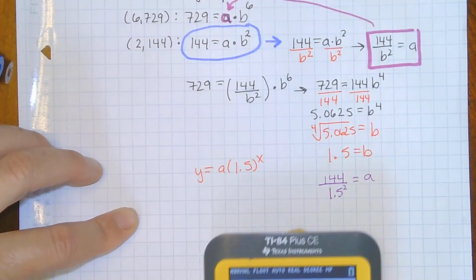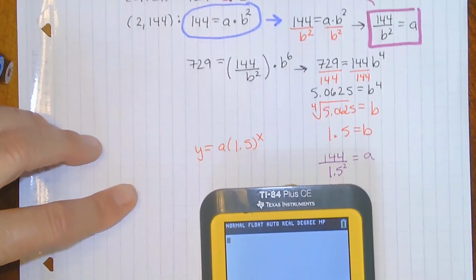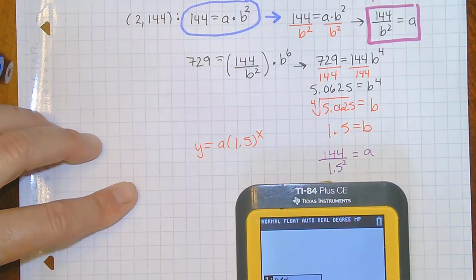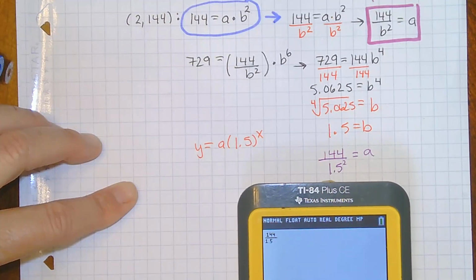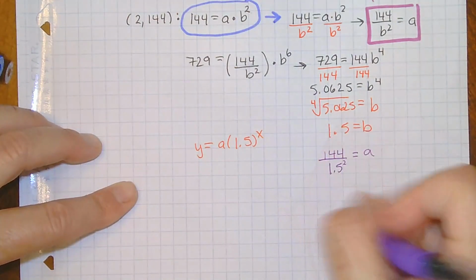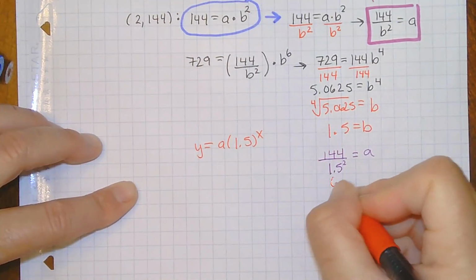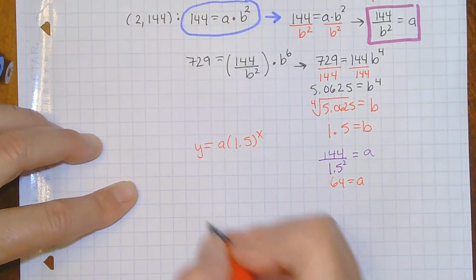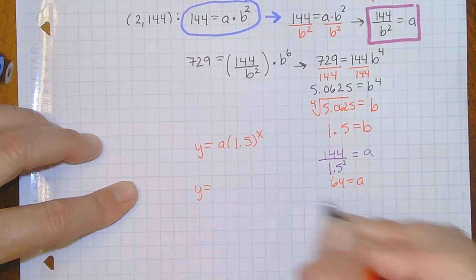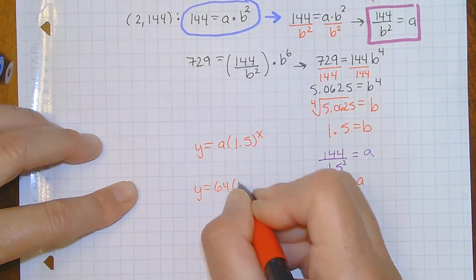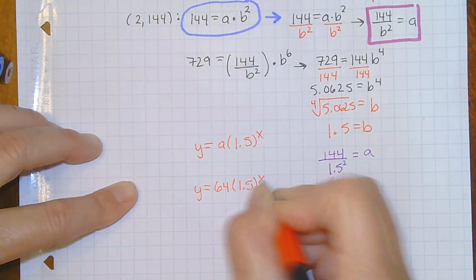So let me get that in my calculator. I'm going to take 144 over 1.5 squared, and I end up getting 64. So my a is equal to 64. So I get y equals 64 times 1.5 to the power x.